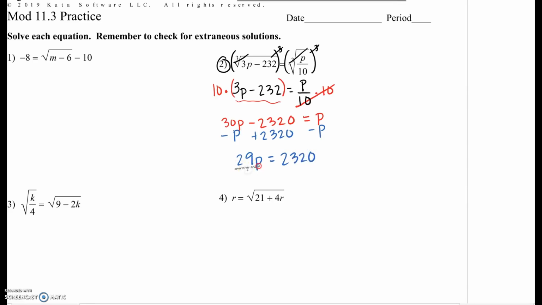The last thing I'm going to do is divide by 29. So p equals 80. If I go ahead and check that, I can see that it is going to work out.